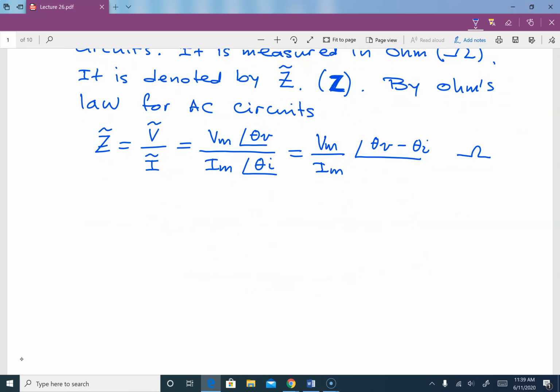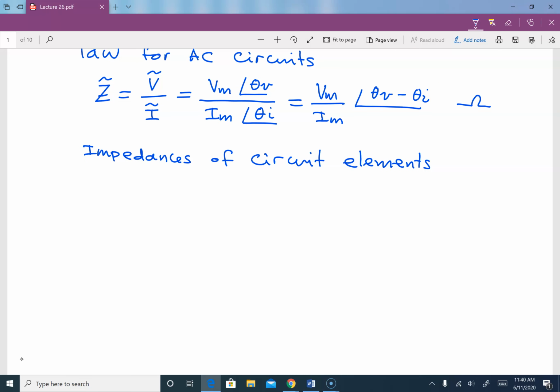So what about impedances of circuit elements? We have circuit element here and impedance here.